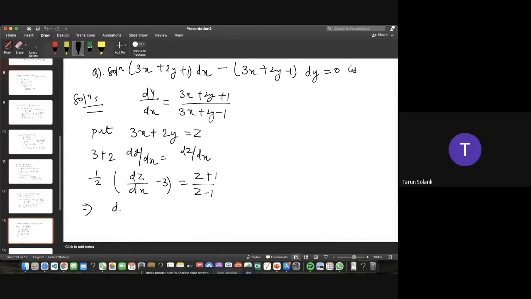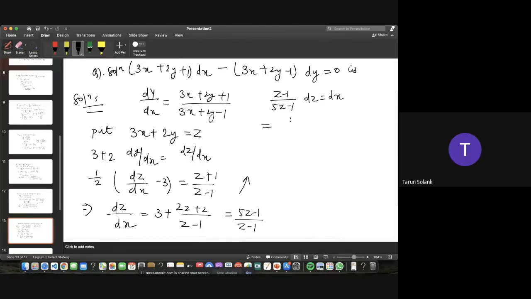Finally it becomes dz/dx = 3 + (2z + 2)/(z - 1), which becomes (5z - 1)/(z - 1). Solving this, (z - 1)/(5z - 1) dz = dx.